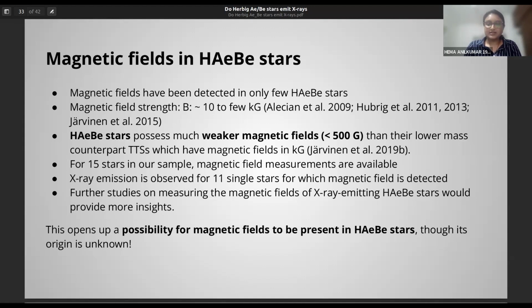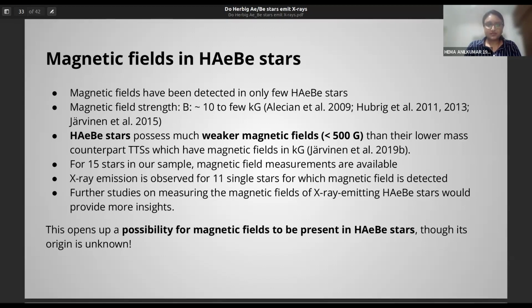Also, Hubrig et al. 2019b found in their study that Herbig Ae stars possess much weaker magnetic fields, around 500 Gauss, compared to their lower mass counterparts, which have magnetic fields in kilogauss.